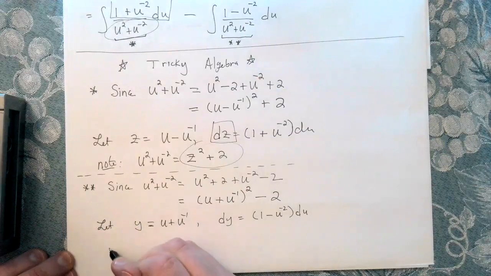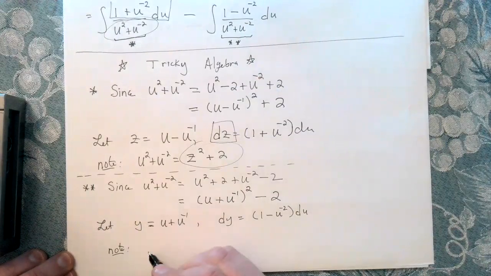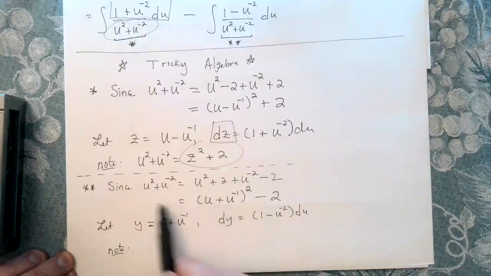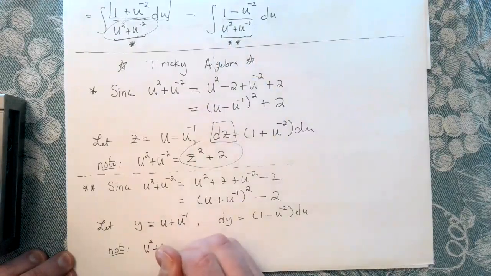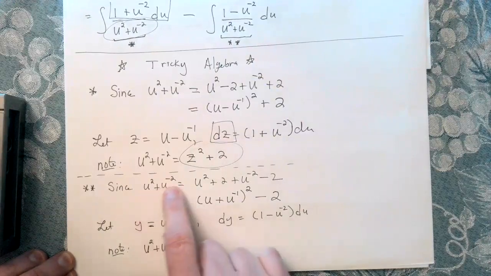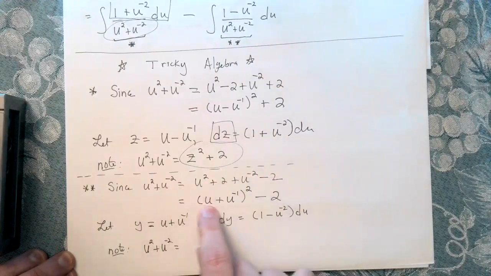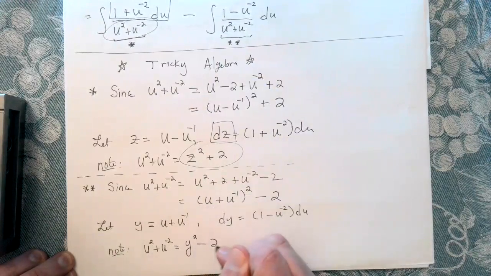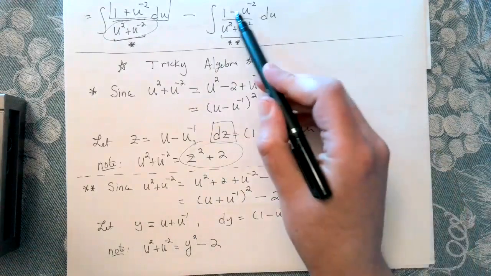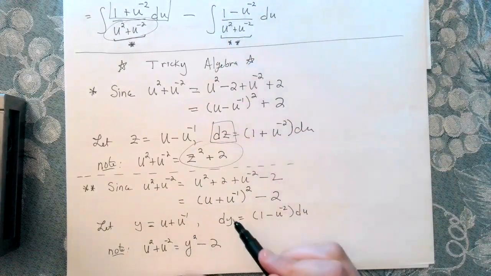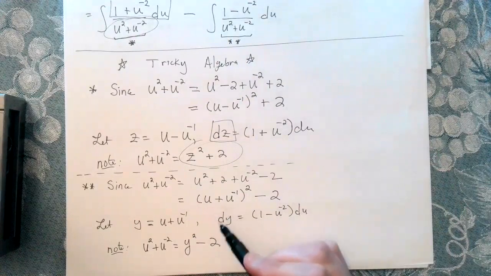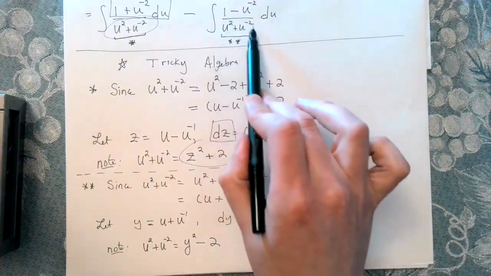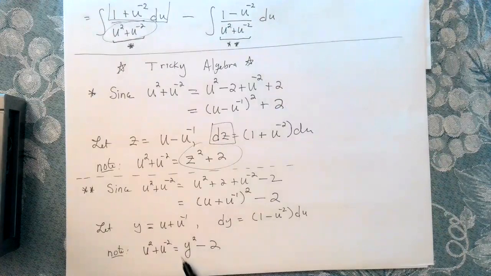And let's also note, just like we did before, so just following this, that this, which we want to replace, so u squared plus u to the minus 2 is equal to, so just follow this, that's y squared minus 2. So that's nice. I'm able to replace this with this, and I'm able to replace this with this. That's what you're going to see in the next step.